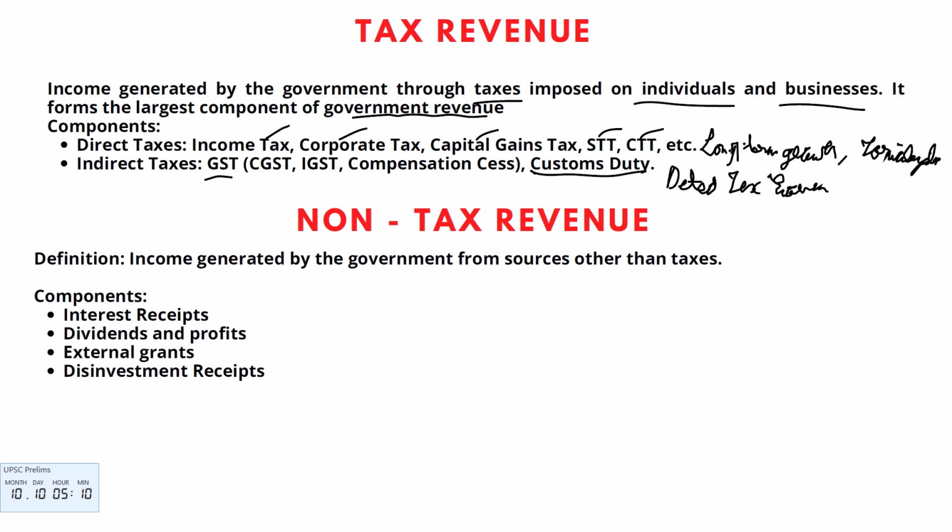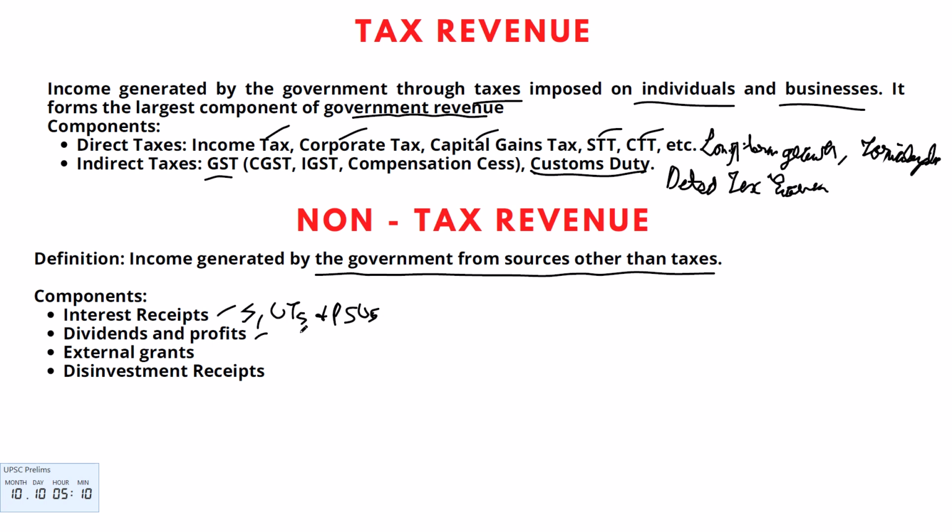While non-tax revenue is income generated by the government from sources other than taxes, components include interest receipts, interest earned on loans given by the central government to states, union territories, and public sector undertakings, that is, interest from the loans provided by central government to other states, union territories or public sector undertakings.